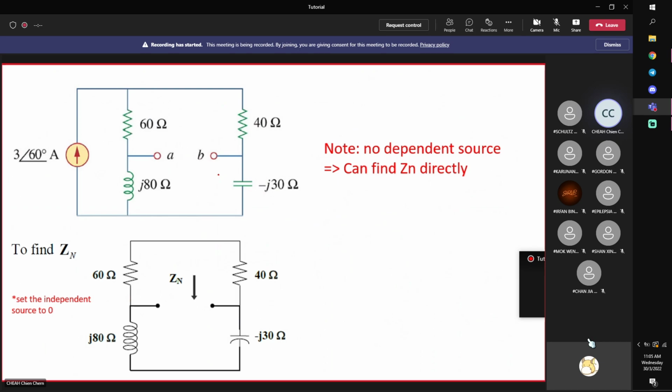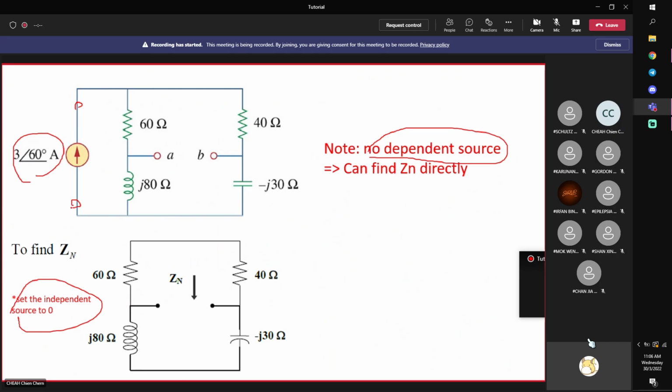So another way to find the current directly is to find this short circuit current, right? Okay, but I'll start by finding Zn first. To find Zn, first remove the load. Load is already removed, so my circuit is this. Now look at this circuit, there's no dependent source, no control source. No control source means that after I set my independent source to 0, current, how do you set current equal to 0?